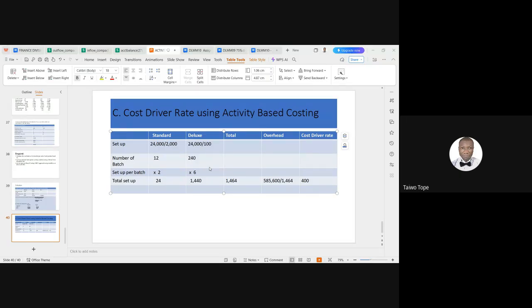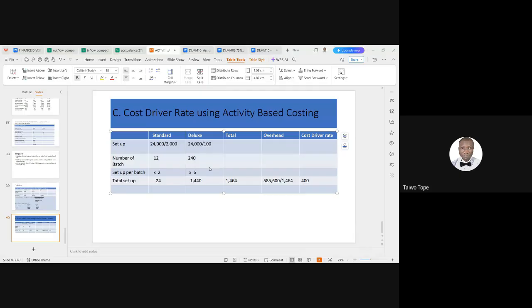So based on the number of activities in relation to setup, how much will accrue to one setup? It will be 585,600 divided by 1,464.